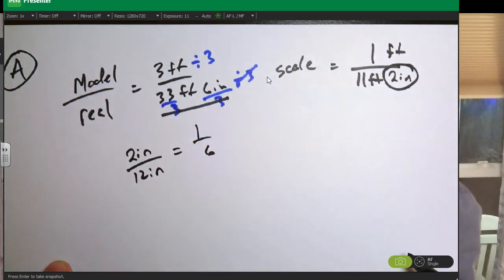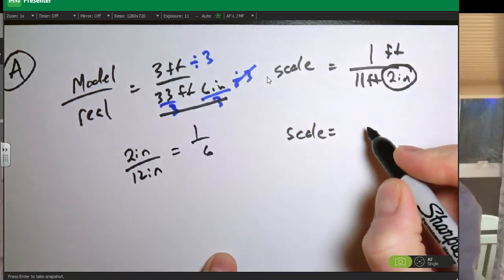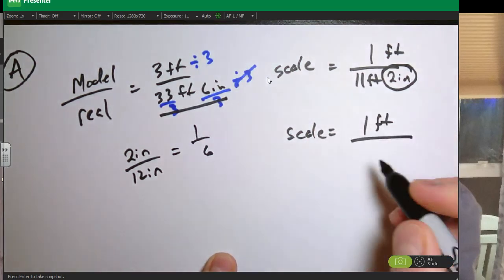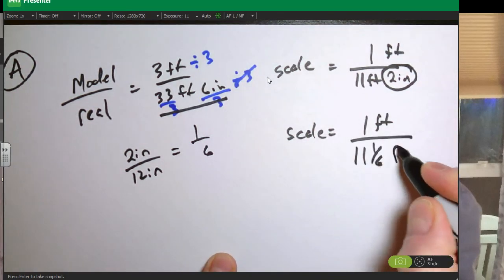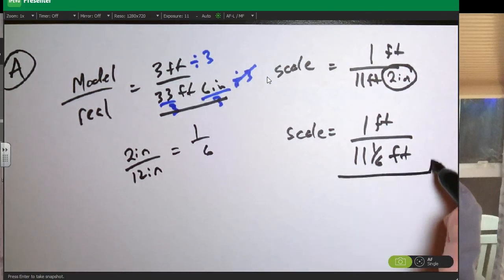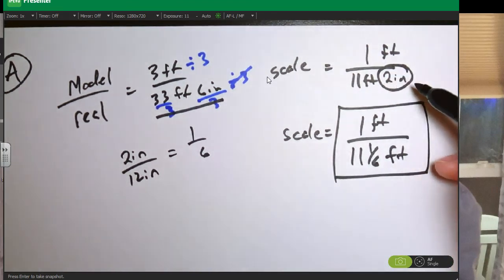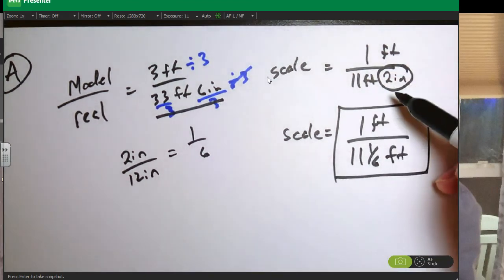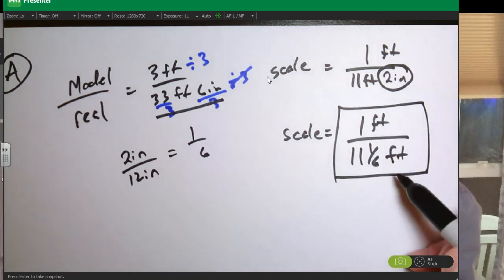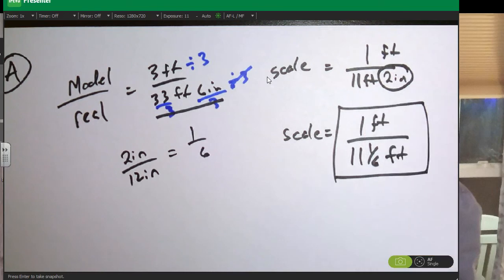That's 1 over 6. So my real scale is 1 foot of our model represents 11 1/6 feet of the real Alamo. And that is a much better way to write that scale out. 11 feet 2 inches might be easier to sort out in your head quickly, but now I've gotten this set up so that it's 1 to something and not weird mixed units. Now that's part A.